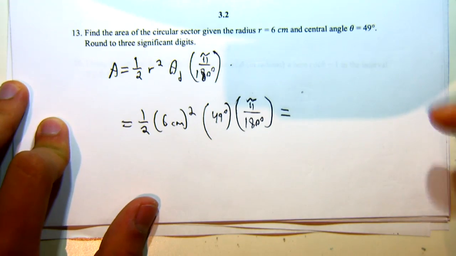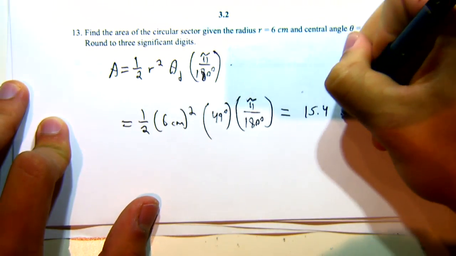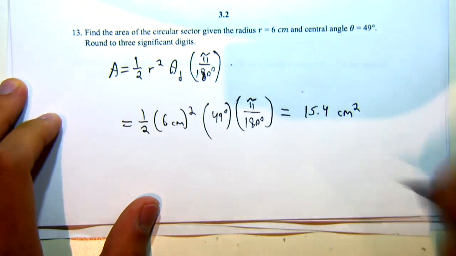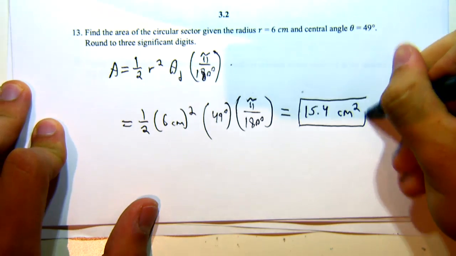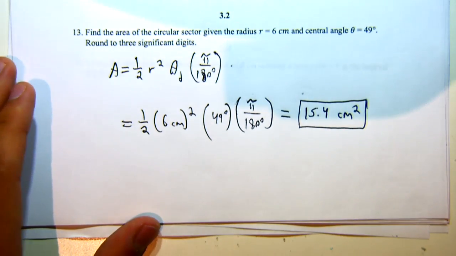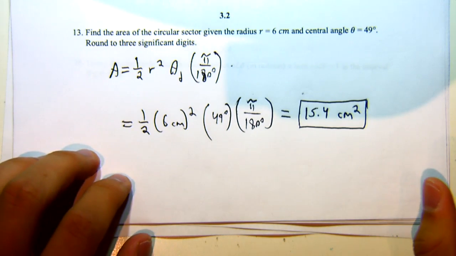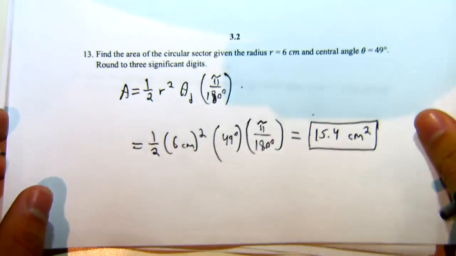And we ultimately end up with 15.4 centimeters squared. And that is rounded to 3 significant digits. All right. Any questions there? Okay.